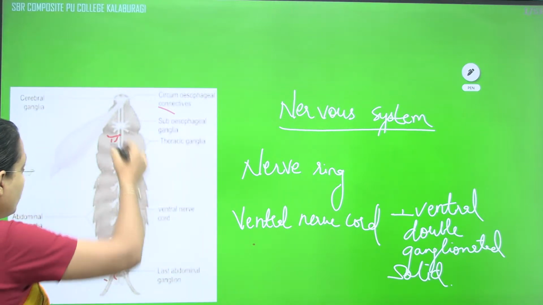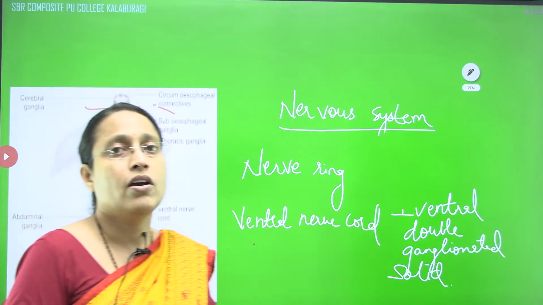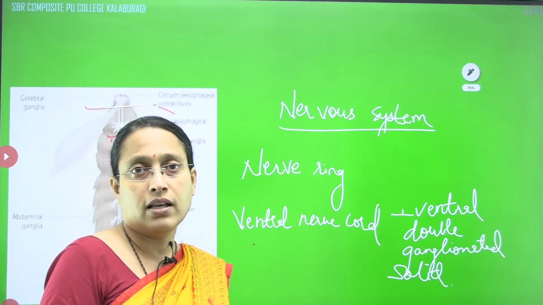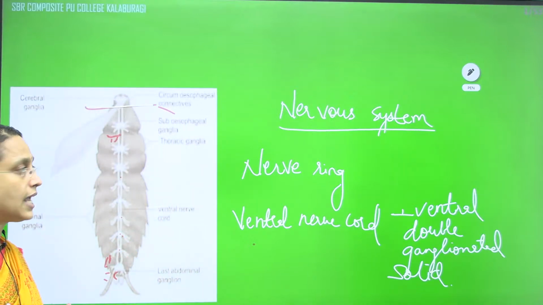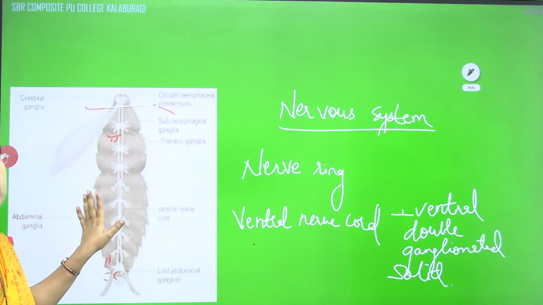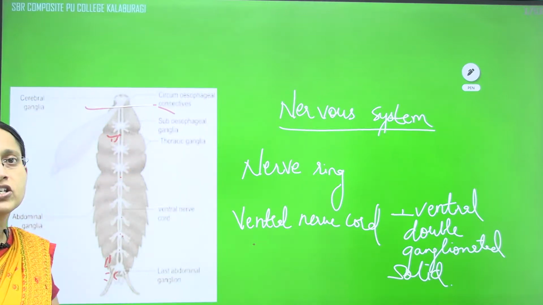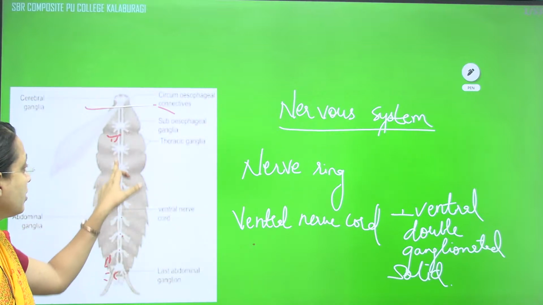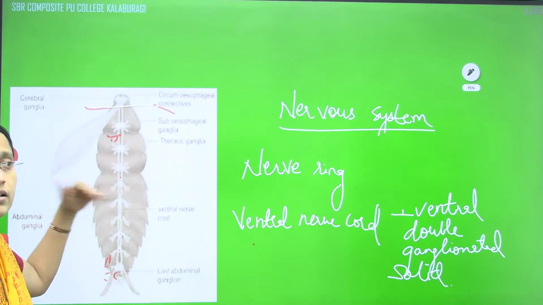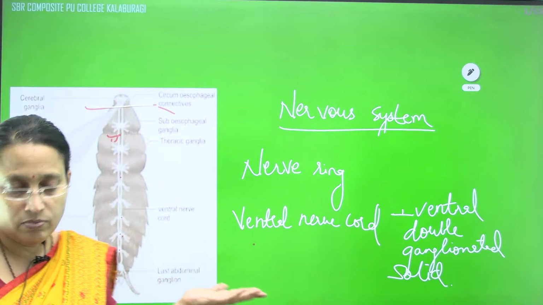As a result, if the cockroach head is cut, it can still survive for a good number of days, up to 1 week without dying. It doesn't die when the head is cut off because of this decentralization of the control process. That means the rest of the nervous system can control the body functioning.